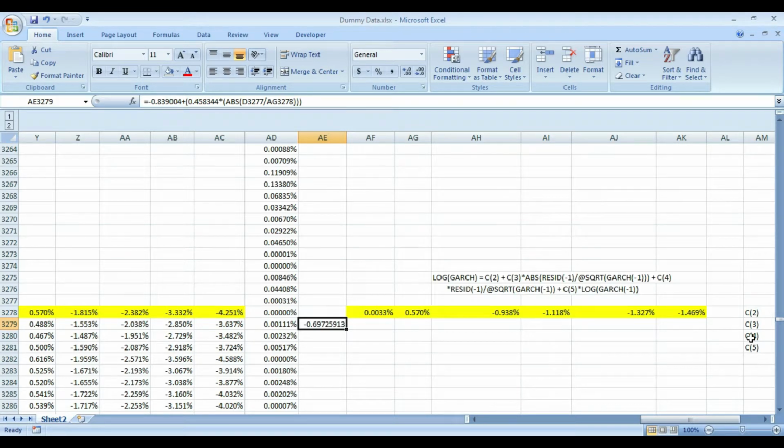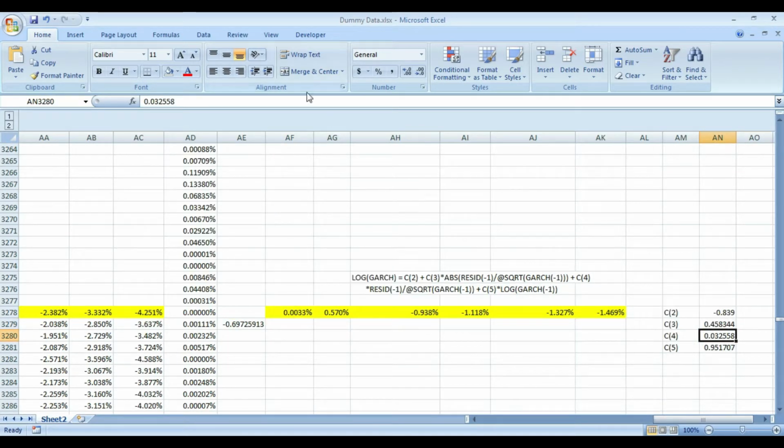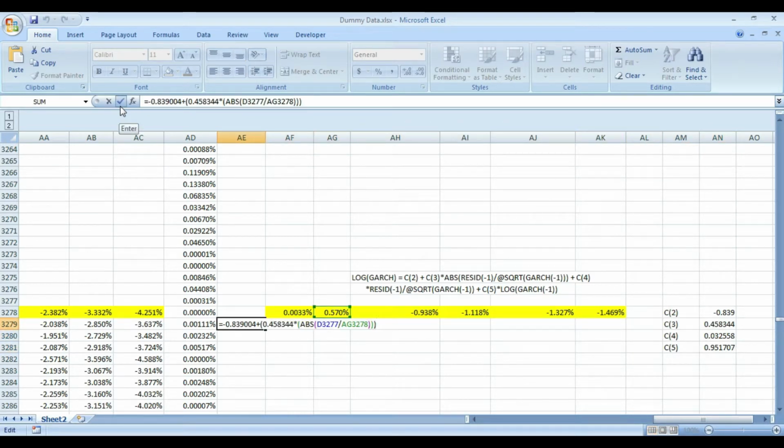Now I will copy the C4 coefficient, go ahead and paste it over here, and it says this thing, I will enclose this in brackets, okay, and multiply this with residual t minus 1.